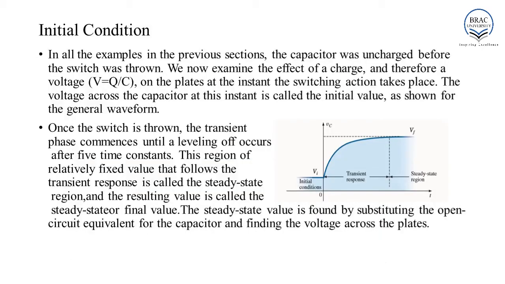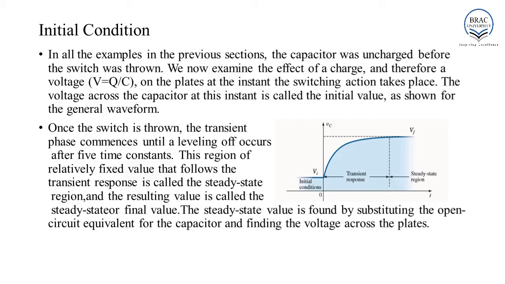Initial condition. Well, in all the previous examples which we have done so far, we have assumed that the capacitors were uncharged, that is, the voltage across the capacitor was equal to 0 when the switch was connected to the source.